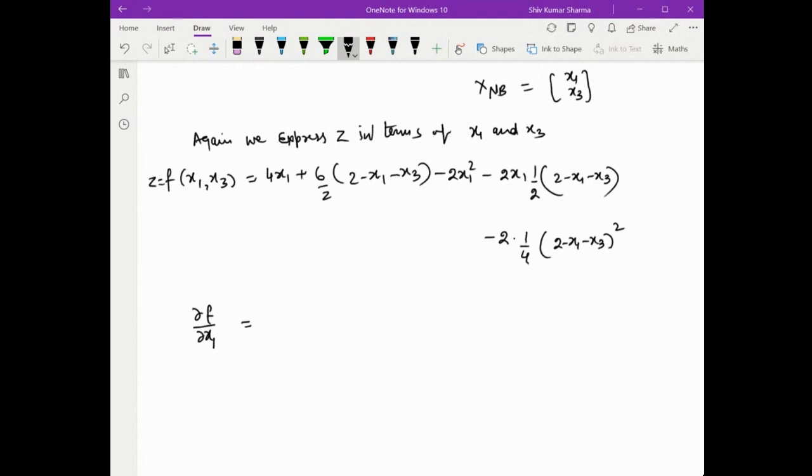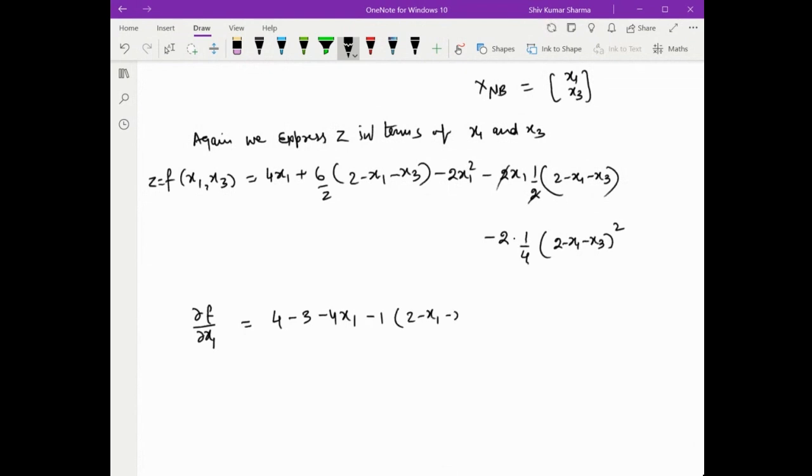So directly you can differentiate this. Del f upon del x1 gives us 4 with respect to x1. That means 2 times 3 is 6, so minus 3, and minus 4x1. This 2 cancels with the 2, and minus 1 with respect to x1.